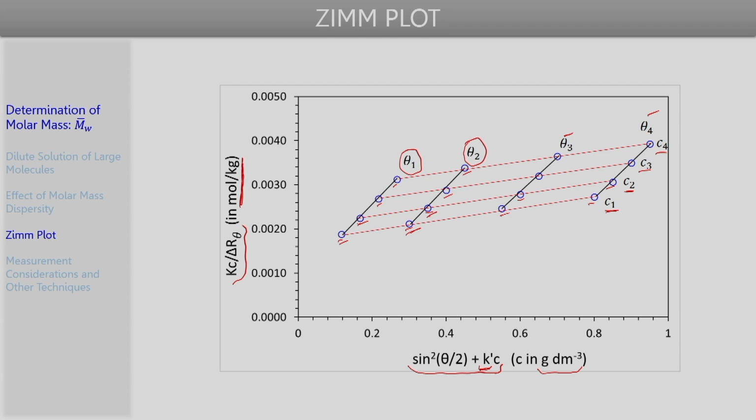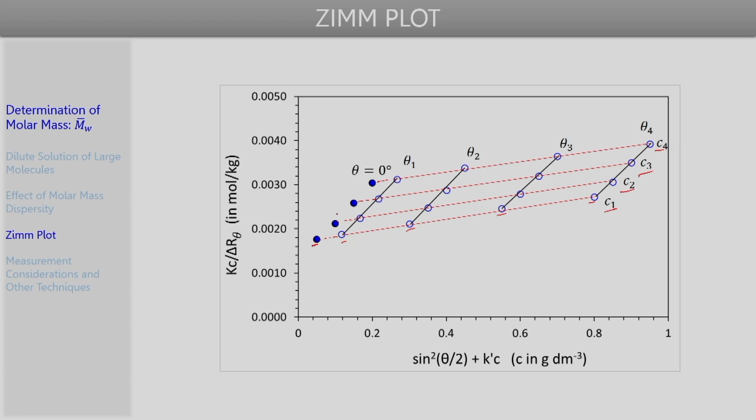So if we consider extrapolation of the points corresponding to constant concentration, we extrapolate these points for C1 all the way to a point which corresponds to scattering angle theta equal to 0, and we do the same for C2, C3 and C4 as well. So these blue filled circles are extrapolations of points obtained at constant concentrations to a scattering angle of theta equal to 0.